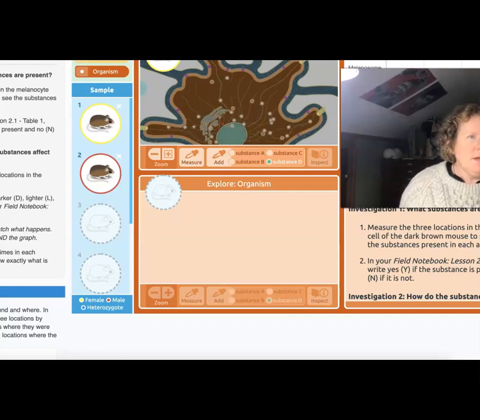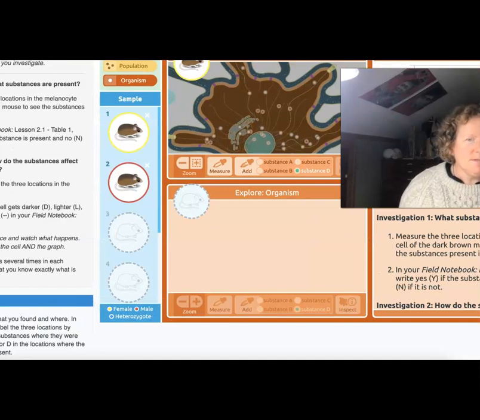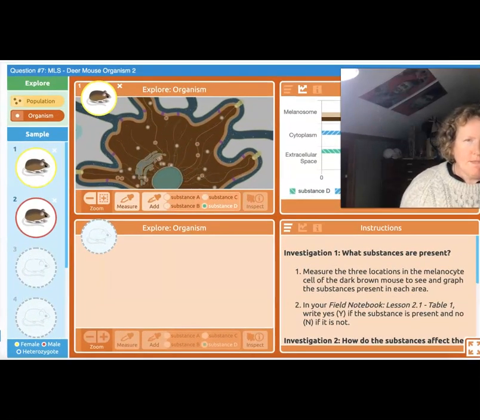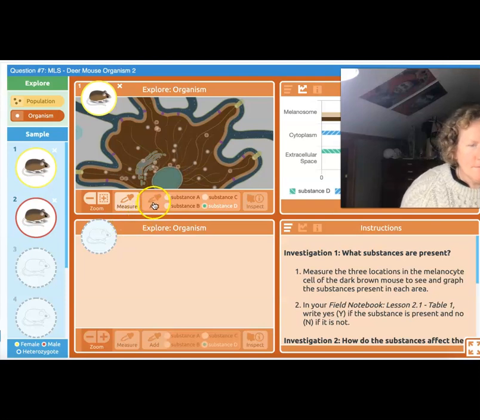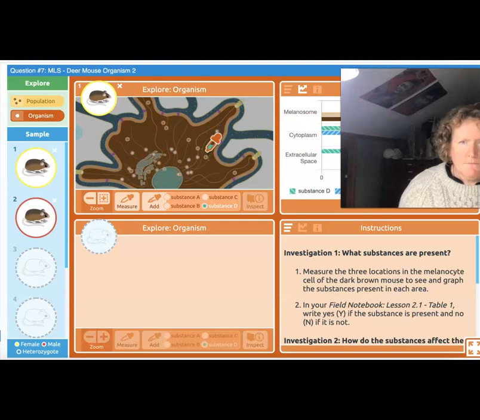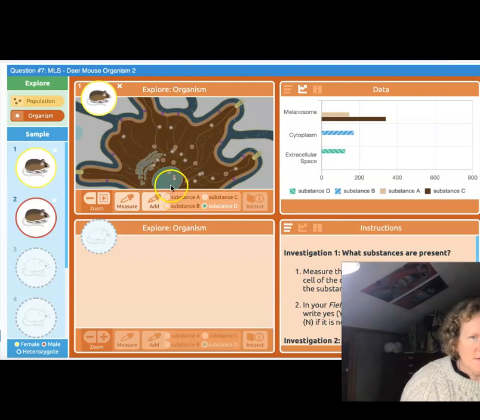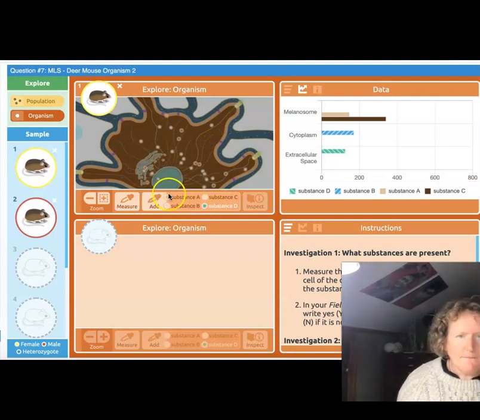So let's try adding different things to the cell and see what happens. So I'm going to add substance D. Things change in the melanosome, but the cell doesn't get noticeably darker.